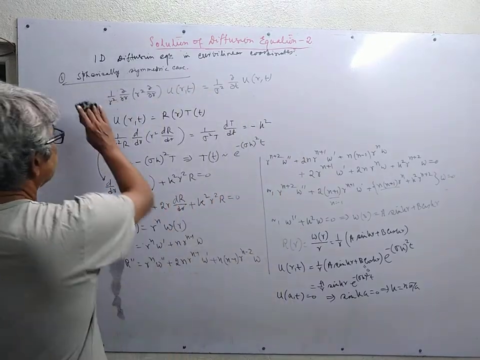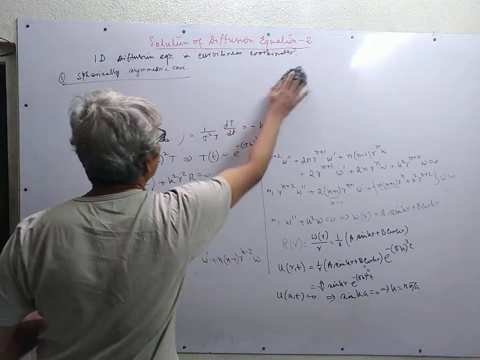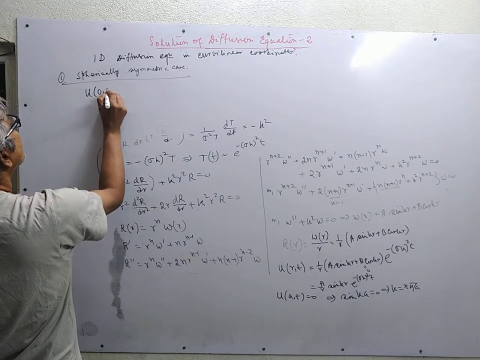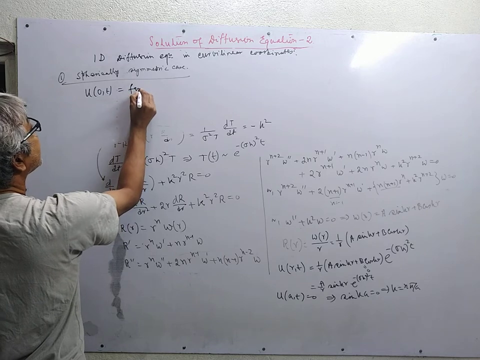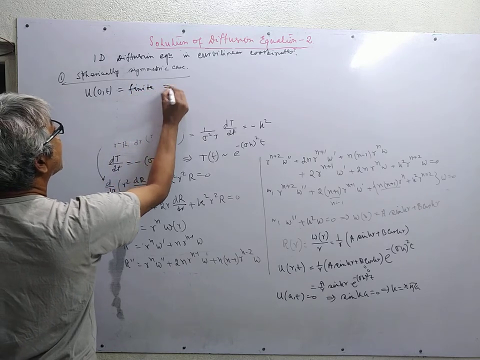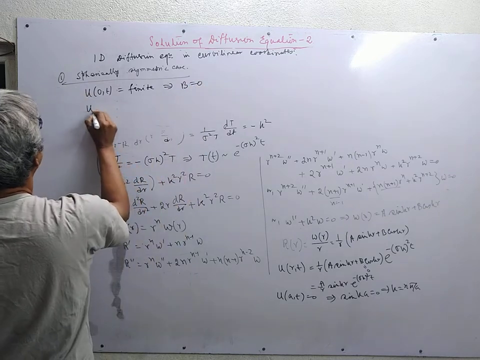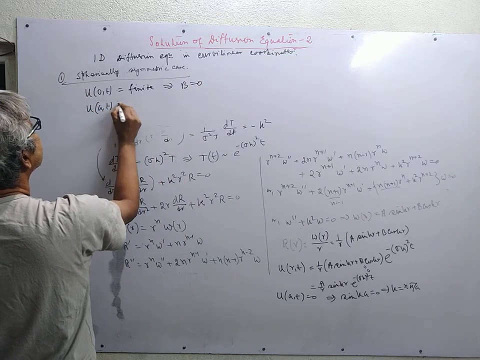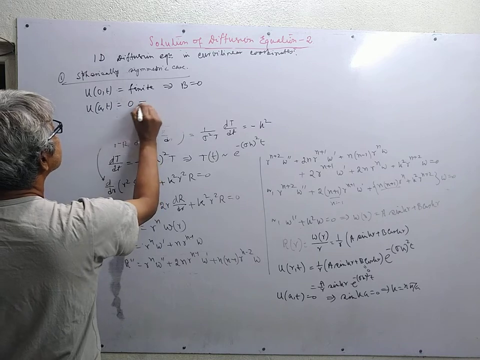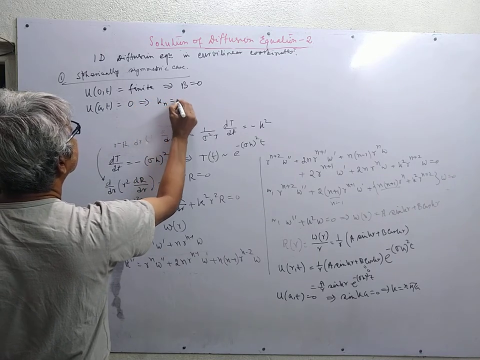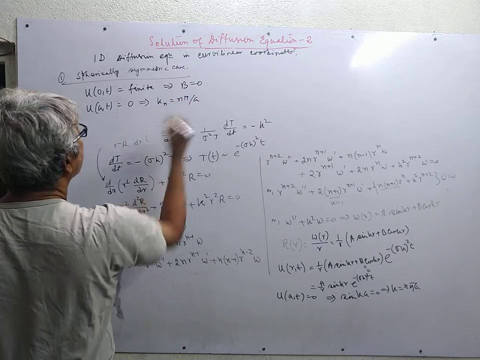So for a particular value, first thing is that u of 0,t is equal to finite, which allows that b is equal to 0. Then we write u of a,t is equal to 0. This says that k n is equal to n pi by a.